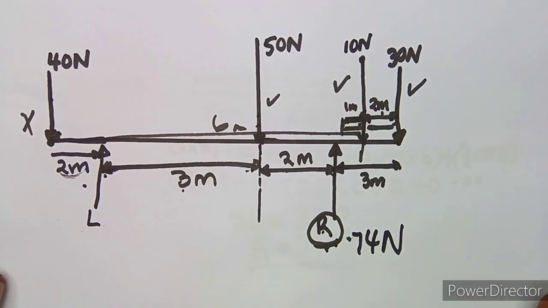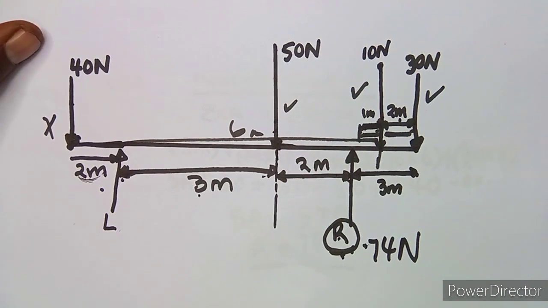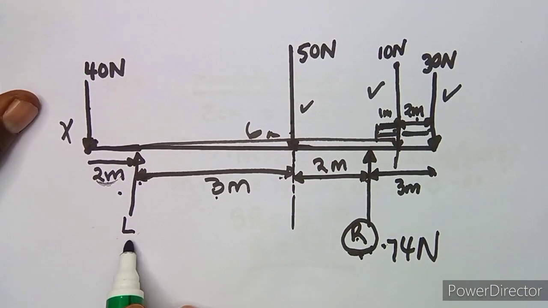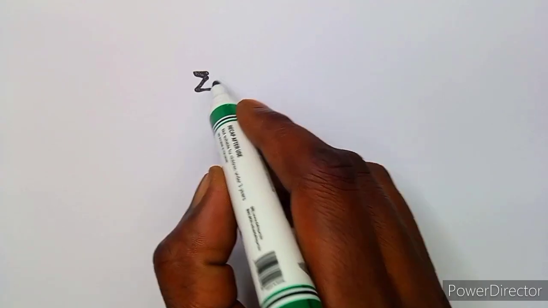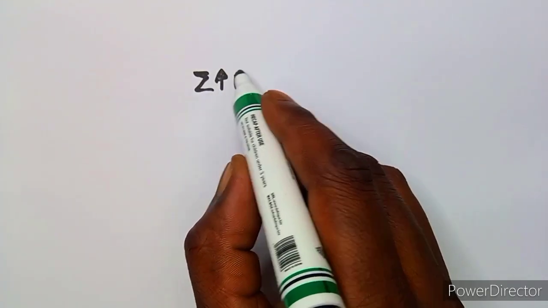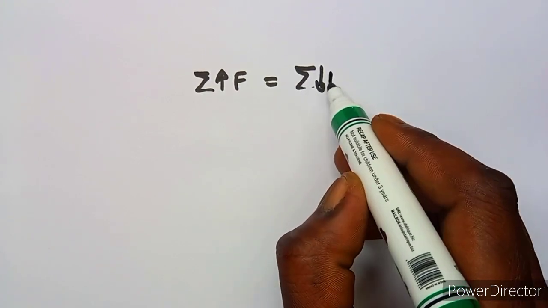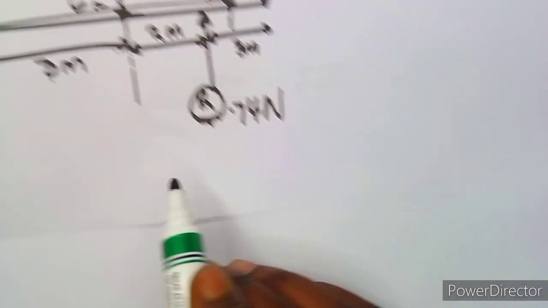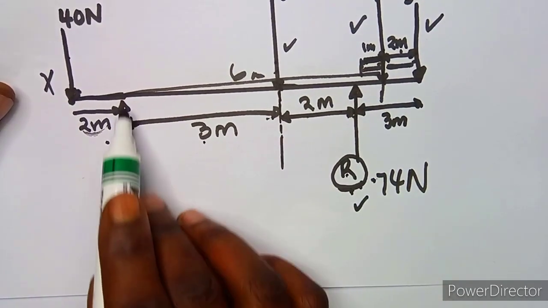Since I am not given a condition to take moments about both supports, I can actually find L by using upward forces equal to downward forces. So the upward forces, you are referring to L and R here, which are going upwards like this.